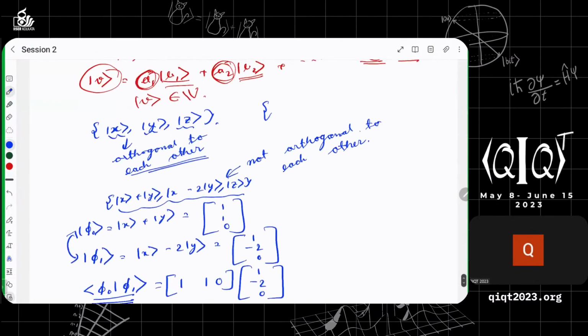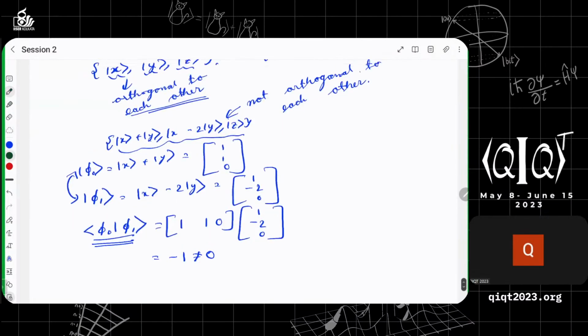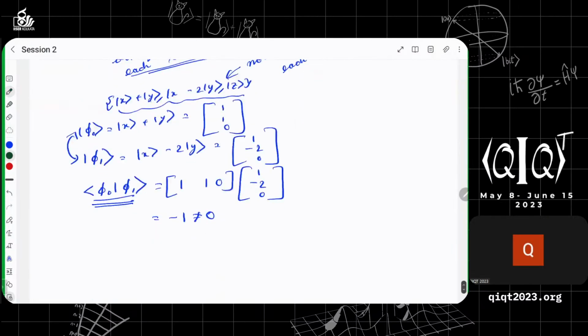Also, if you see here, all the vectors are unit vectors. That is, norm of x, norm of y, and norm of z is 1 in this basis. But if you look at phi 0 and phi 1, for example, then norm of phi 0 is not 1.